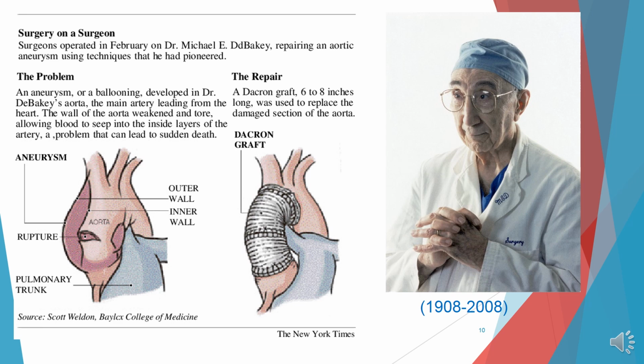Surprisingly, Dr. DeBakey himself developed aortic dissection at the age of 97, and he underwent the same operation he initially pioneered and survived, and died at the age of 100 years. As the report of the New York Times mentions, he continued to practice medicine until the last day of his life.